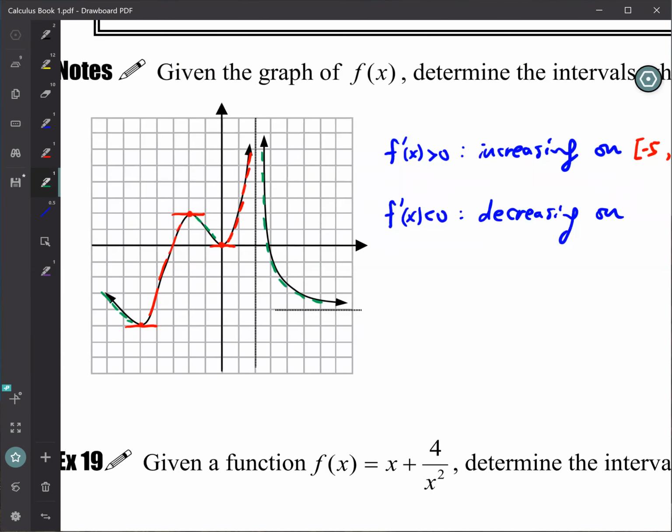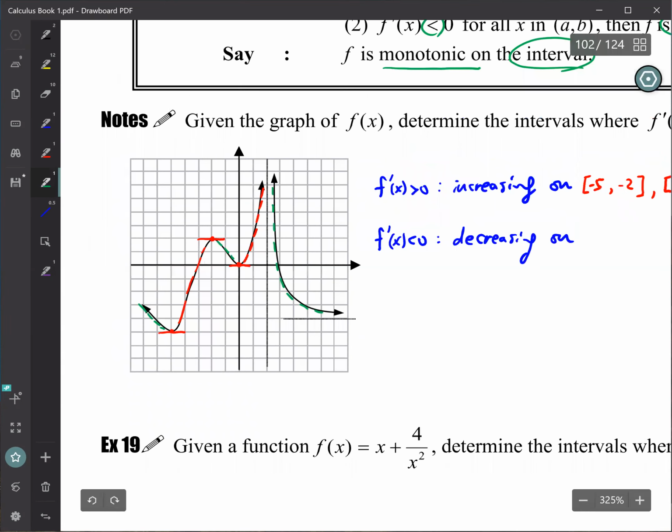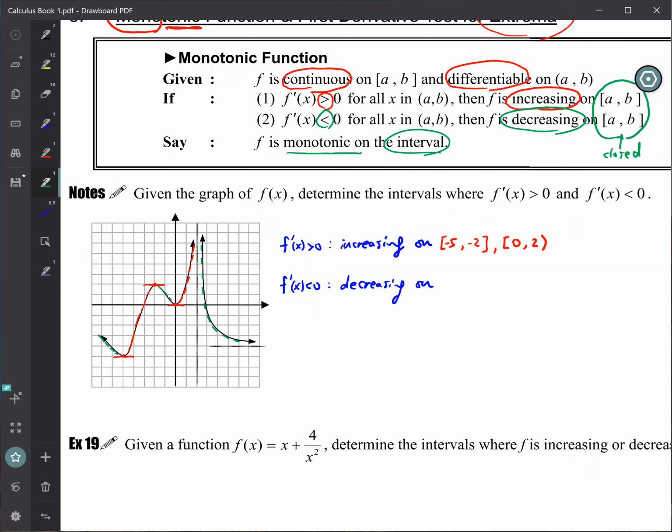Jason? For the negative part, even if the slope gets less negative, it's still negative, so we can still count that as part of the interval. Yes, still decreasing. If the tangent line is negative, then it is decreasing at that place.